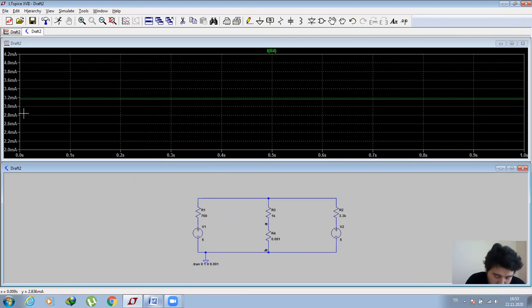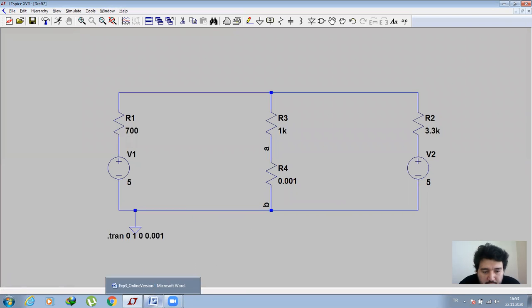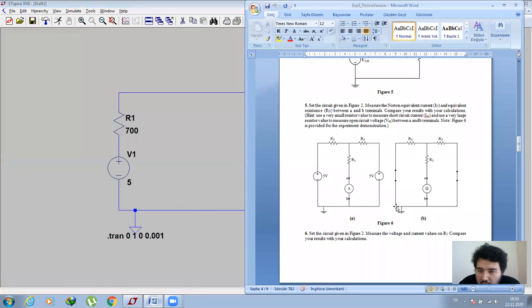I'm taking my notes. The Norton short circuit current is 3.2 milliamp. Please be careful about the unit, milliamp. So I'm closing here, and I want to measure the voltage from here, because if I have a multimeter, I can measure the equivalent resistance for this circuit.